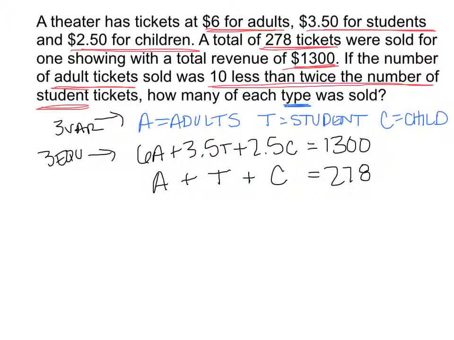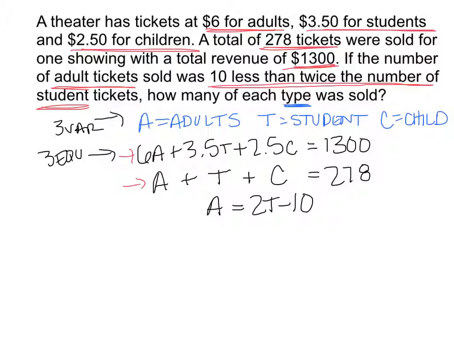Now the last statement that's going to help me find my third equation says the number of adult tickets was 10 less than twice the number of student tickets. Alright, I have my 3 equations. We're not quite ready to make our matrix though, because even though these first 2 equations are all lined up like they're supposed to be, the third one is not.